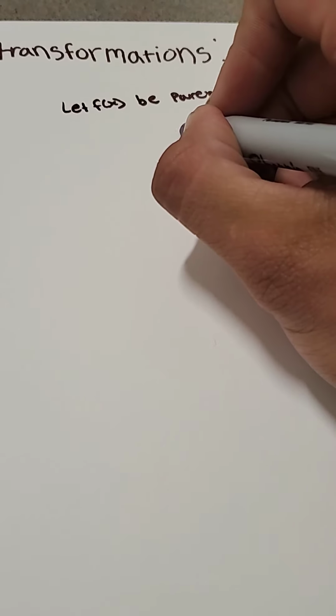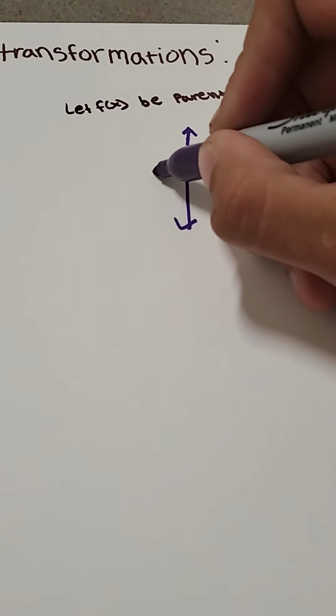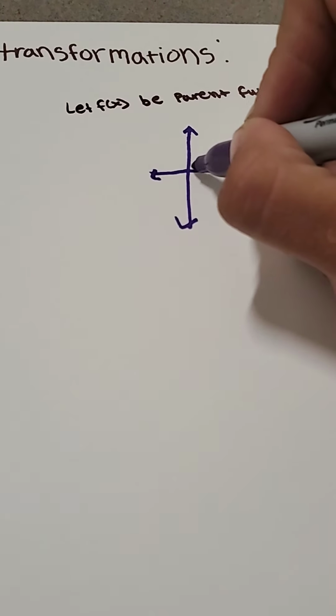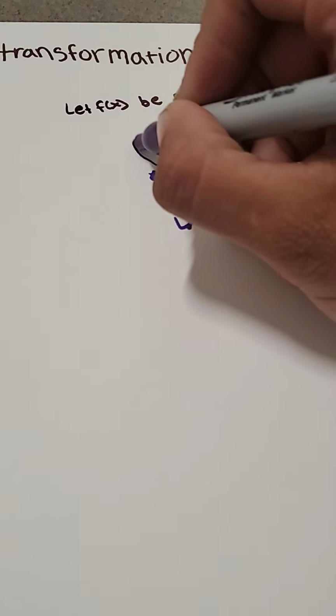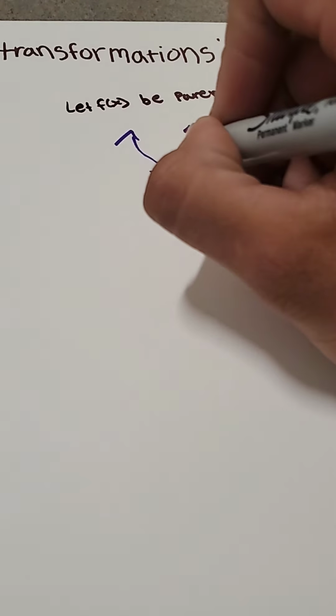All right. So what a transformation means is if we have a curve, it could go up or down. The graph could go up or down, left or right. It could shrink. It could grow.